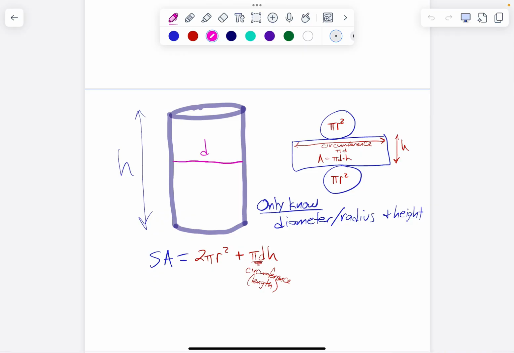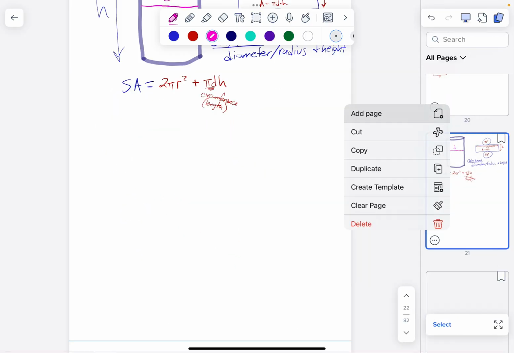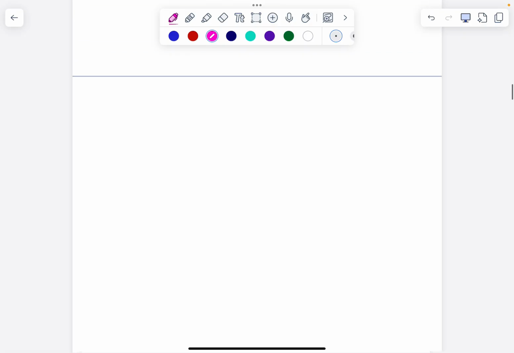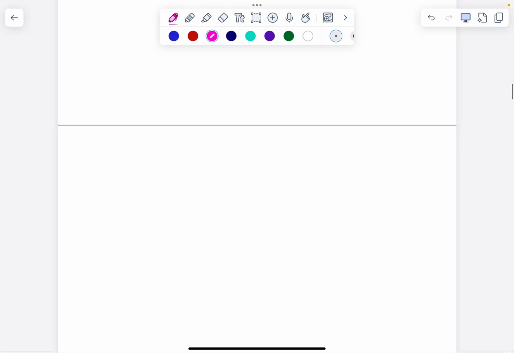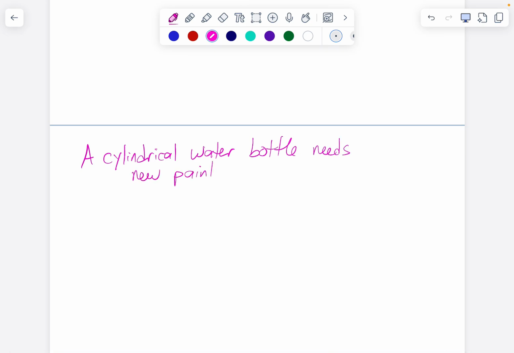All right, if we go back to this one, actually, I'm just going to write one. Here's how a problem might sound. So a cylindrical water bottle needs new paint.